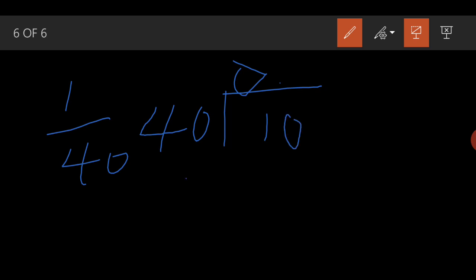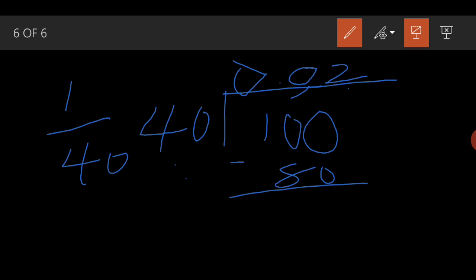Can 40 still go in 10? No, it can't go. Since it is no, you still put a 0 up. Then that means again you add 0 down. Okay, are you following me? Then 40 in 100 gives us 2. 40 times 2 gives us 80. You subtract it, then we have our answer here as 20.